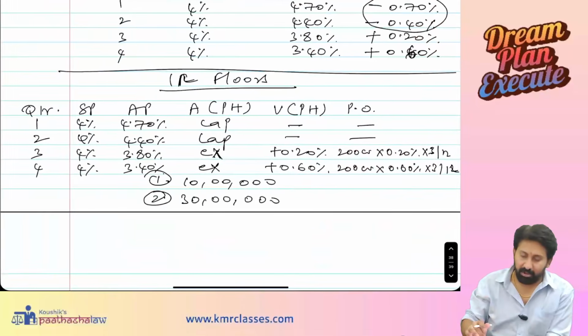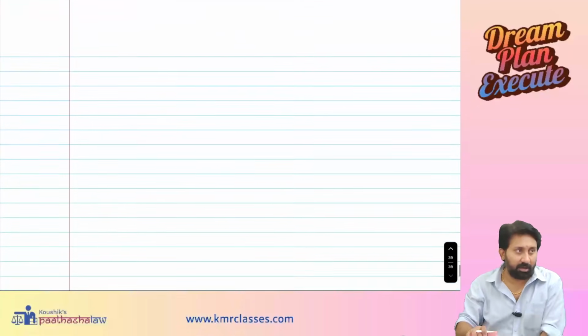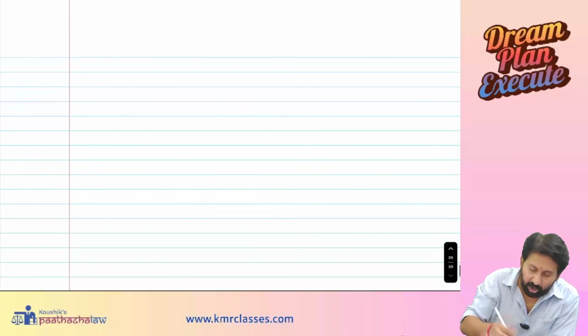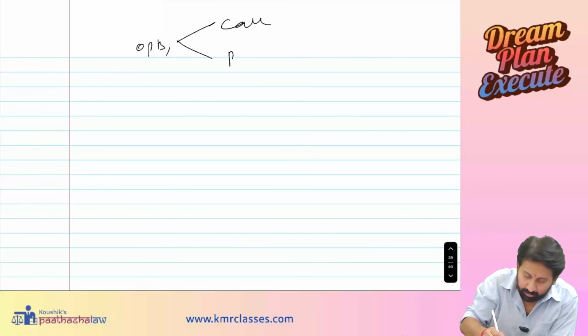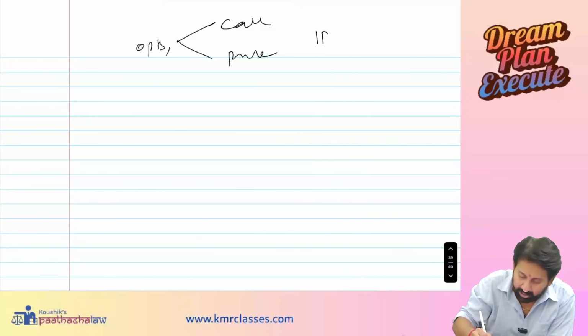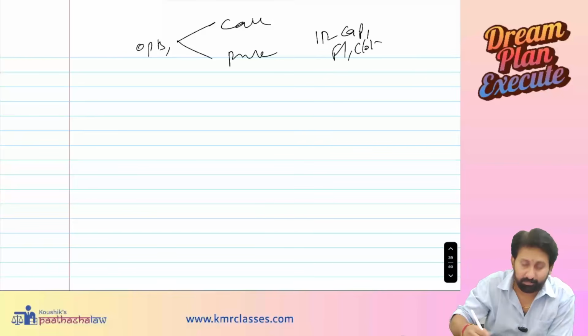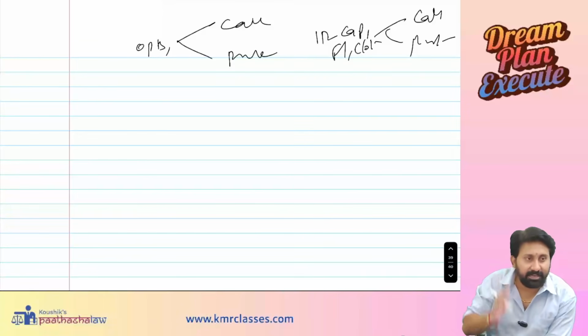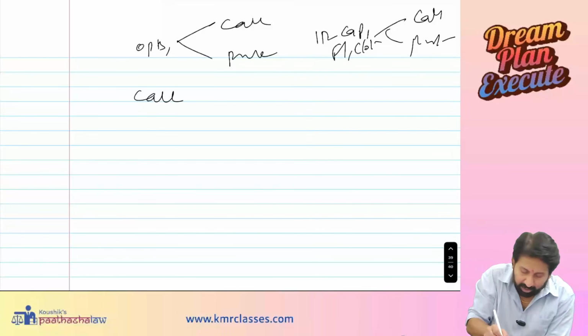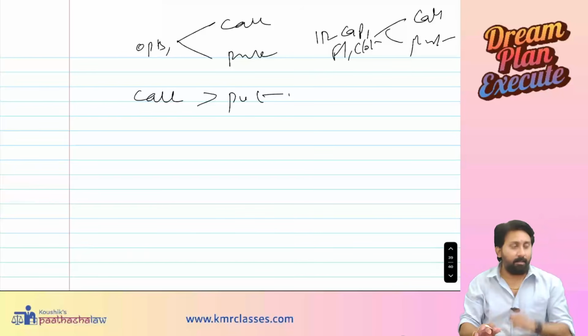Okay. First of all, take the options chapter, call option, put option. Take interest rate caps, floors and collars, call and put. The observation is that call value is always more than put value.